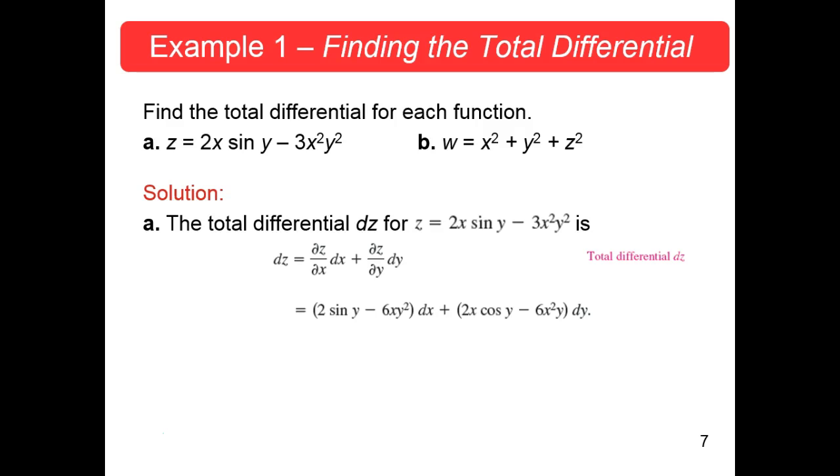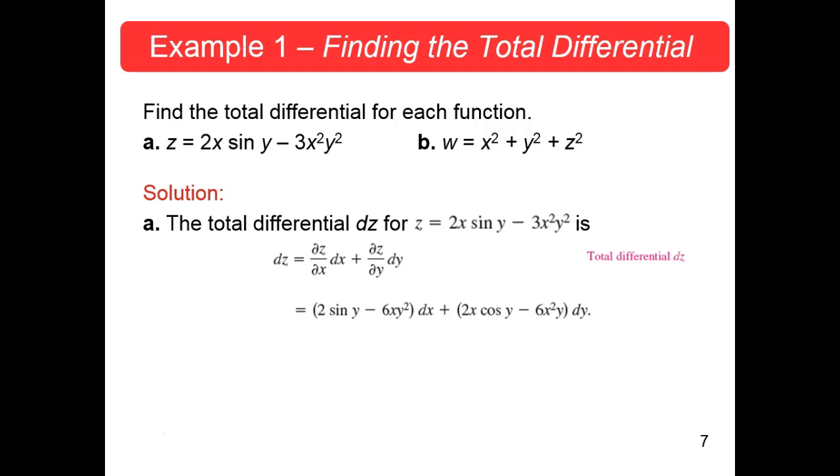And then you take the partial of this with respect to y, and that would be a minus 6x squared y. That's in parentheses times dy. Okay? So there's your total differential dz of z.